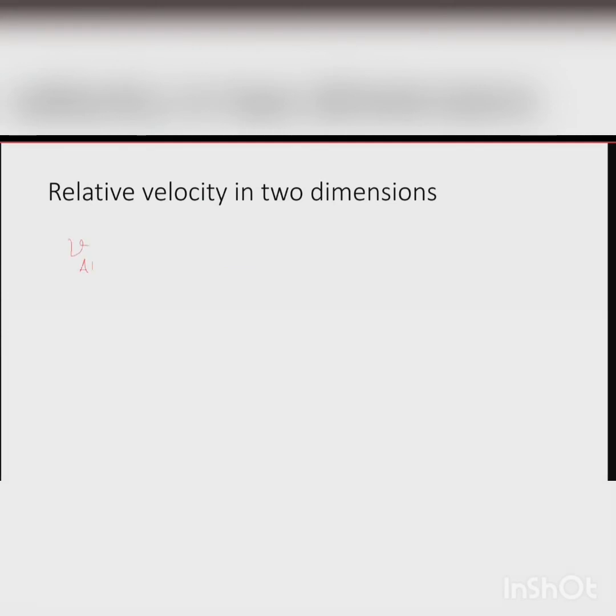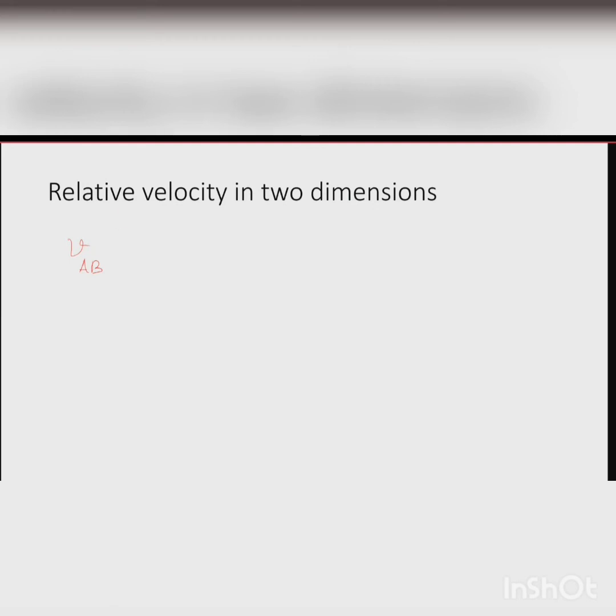When two objects are in relative motion, meaning one is moving with respect to the other, then the velocity perceived by them for each other changes. So this perceived velocity is called relative velocity.